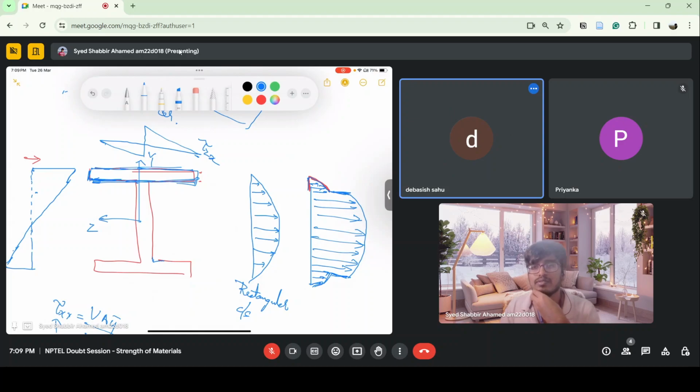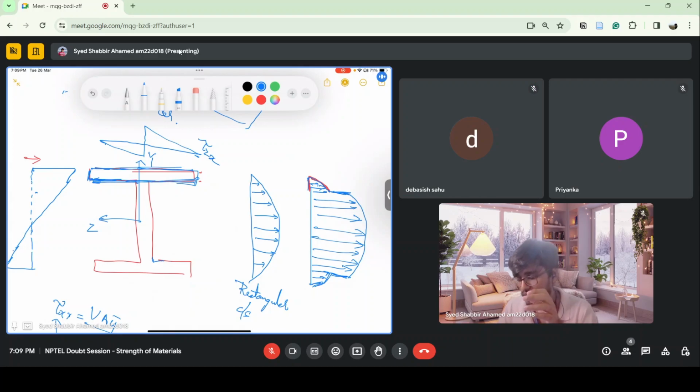Okay, so in the middle section, if there is stress in this direction, something has to resist it, right? Imagine like this.